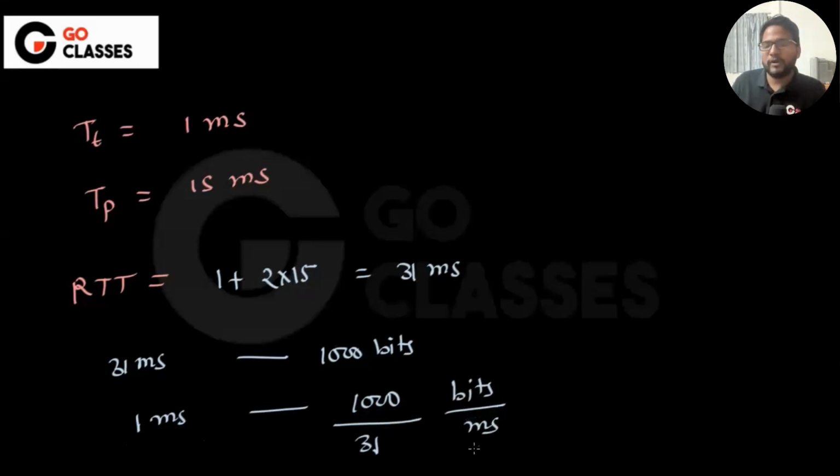If you want to find out bits per second, then you need to multiply by 1000, not divide, right? Or maybe let's just have it in bits per millisecond. So this is 1000 upon 31.